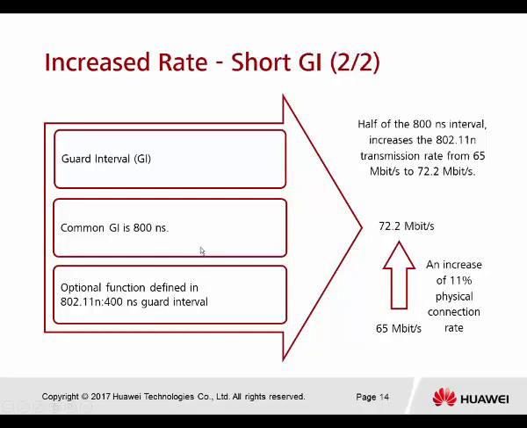After we use the short GI, the previous speed of 65 megabit per second increases another 11%, and we can get 72.2 megabit per second. Also, short GI is not recommended in scenarios with too many SSIDs or too much interference, because after we enable the short GI, it will cause a series of interference and make your wireless connection not so stable.